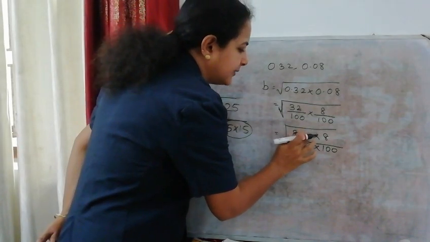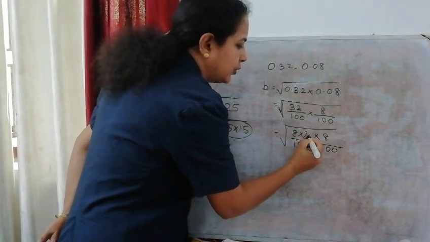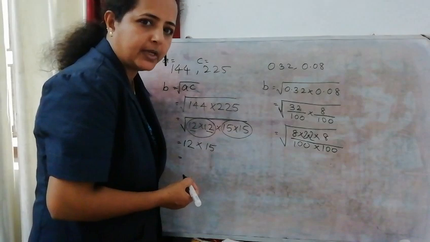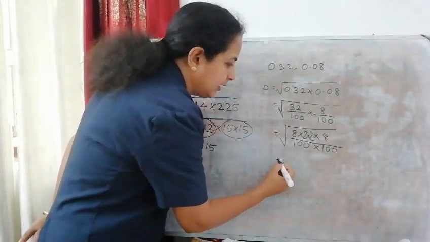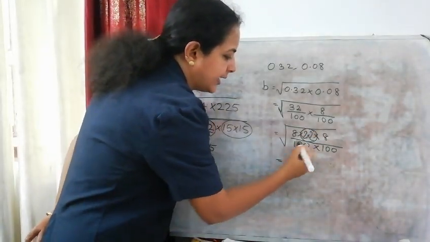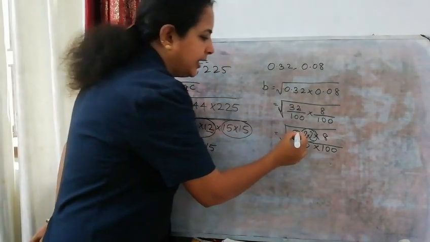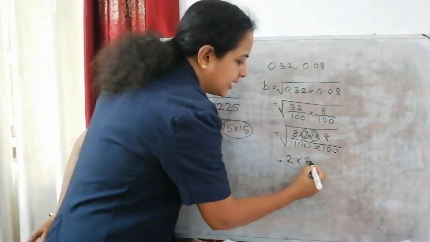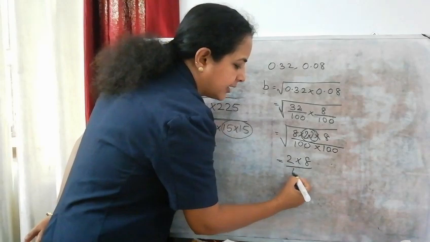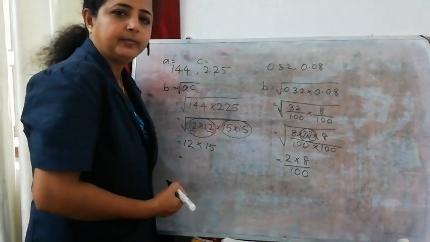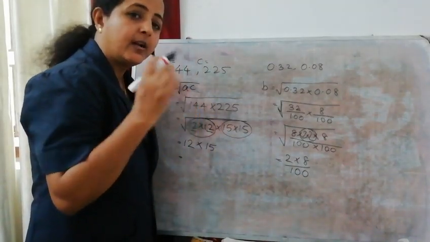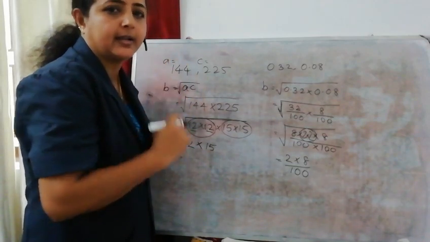4 we can write as 2 into 2, the same number repeating. So from this 2 into 2 we can take one 2 outside, from 8 into 8 take one 8 outside, and from 100 into 100 take 100 outside. That is one number, and the square root will cancel.